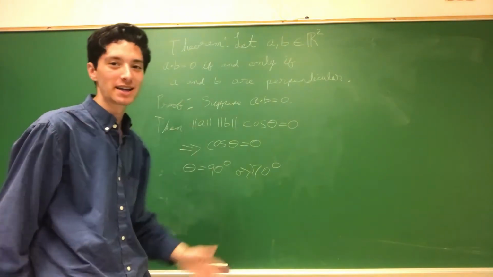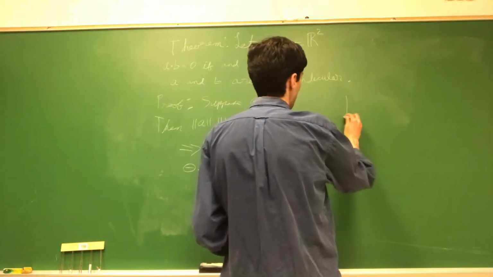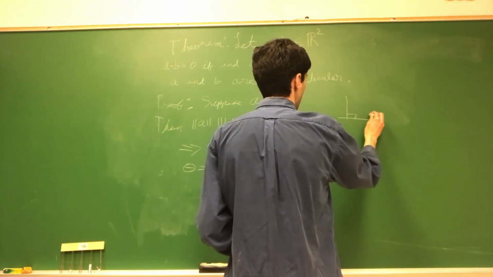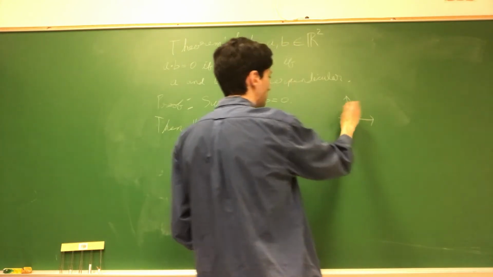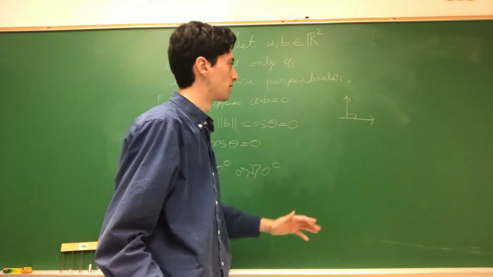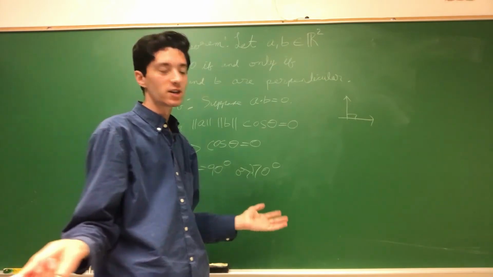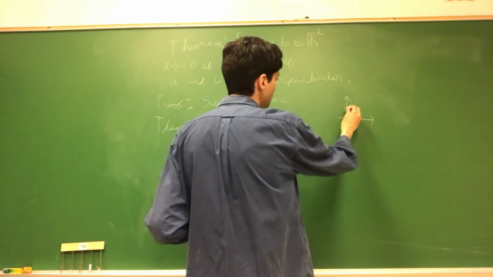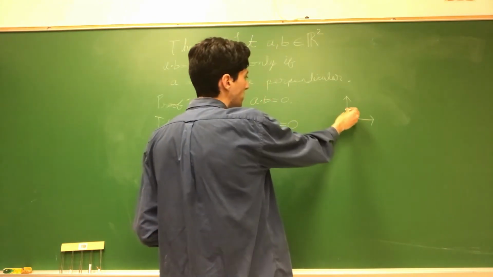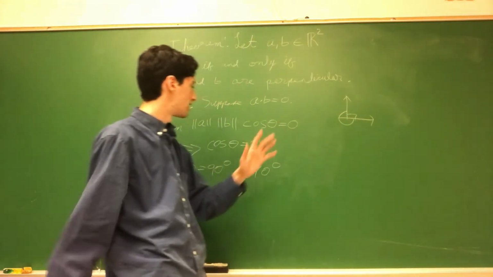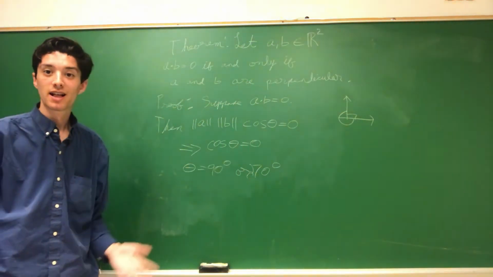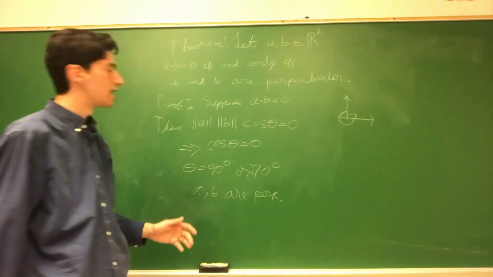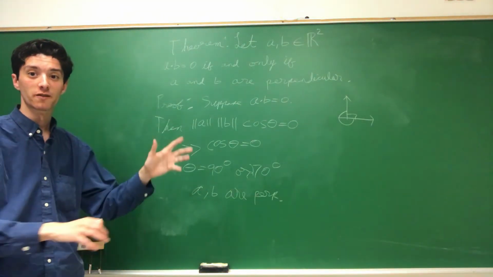And so clearly, in a 90 degree space, we have our two vectors, and these are perpendicular. But 270 is just kind of a complement. 270 is just this angle. So in either case, if theta is 90 or 270, then A and B are perpendicular. And so this shows this first direction of the proof.